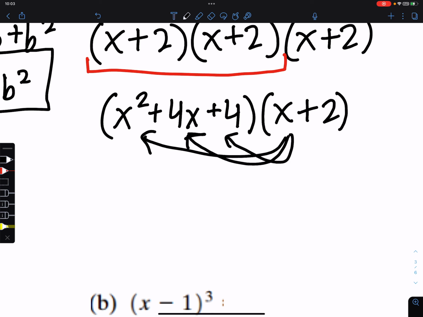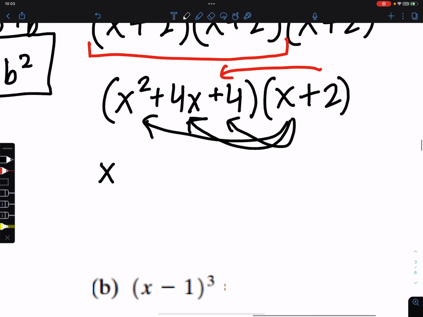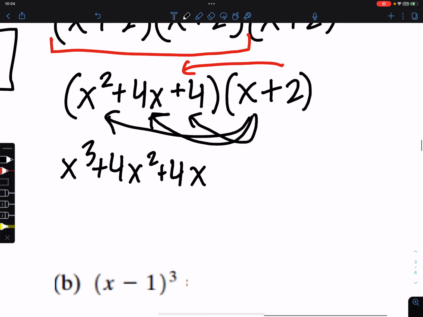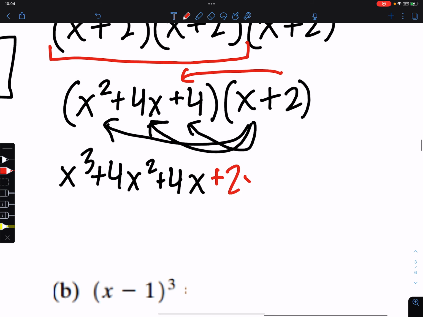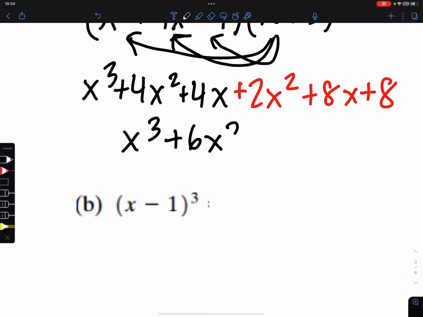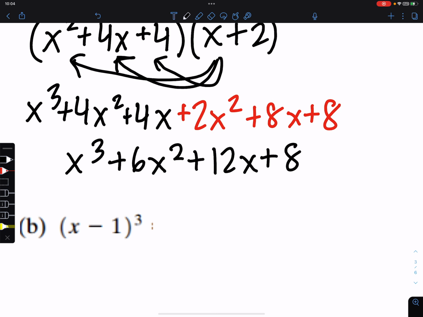And then we have to do 2 times this again. So x times all of this will be x cubed plus 4x squared plus 4x, and then you have to add the 2 times all of this. So plus 2x squared plus 8x plus 8. Add common terms, x cubed plus 6x squared plus 12x plus 8. And that's our answer.